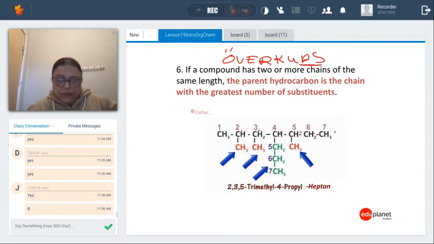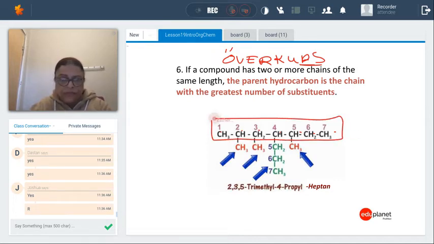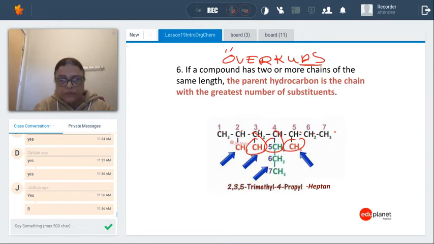Now they tell you, you select the one that has the greatest number of substituents. So let's see. If I take this chain, I have 1 substituent, 2, 3, 4 substituents. Okay, what happens if I do the other one?